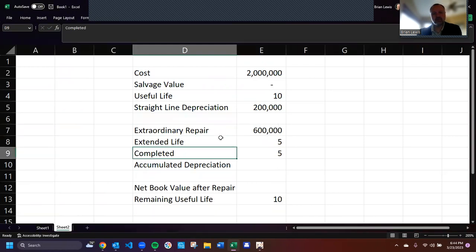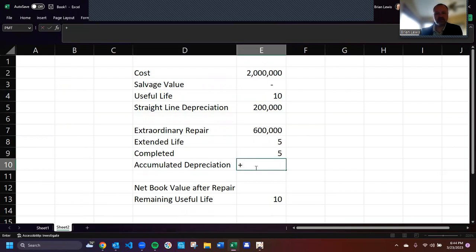Okay. So with that, your accumulated depreciation is going to be the $200,000 you've done so far times the number of years that you've depreciated it, right? So that's $1 million. So your net book value after the repair is the original cost minus the accumulated depreciation plus the extraordinary repair, right?